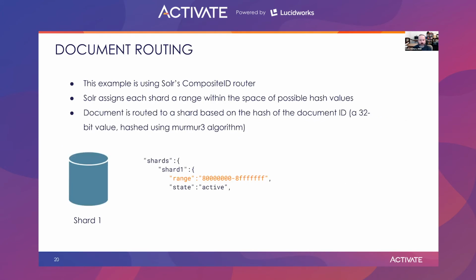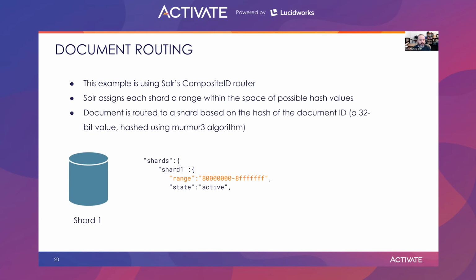In your local collection that you're searching with the join query, you have multiple shards, and each shard is going to be assigned a range. And this range is the range of the hashed value used for routing. So typically it's the document ID, but you can route on a different field, for example, like customer ID, if you have the flexibility to do that.